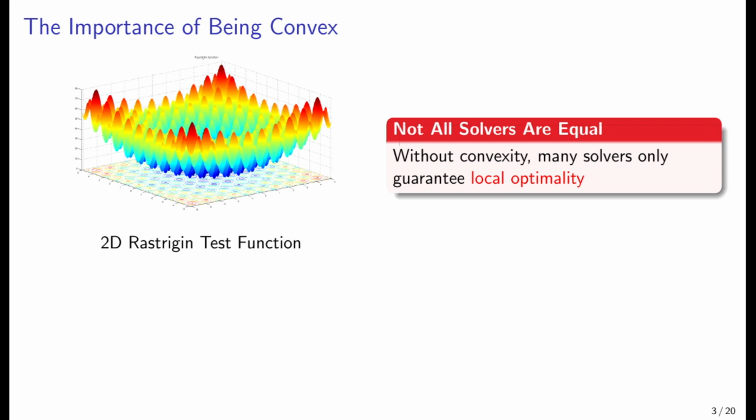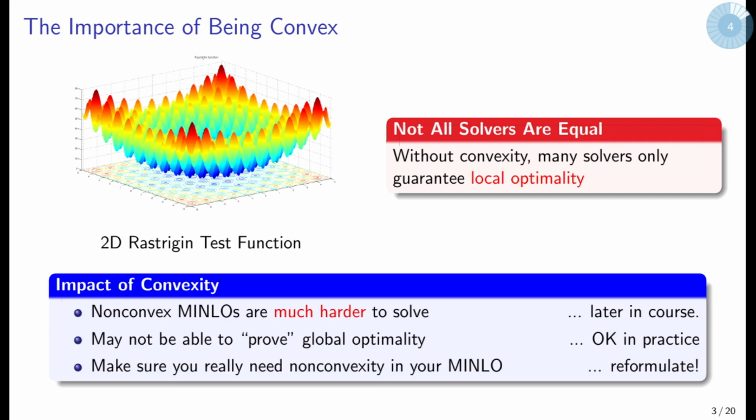This is an example of a non-convex function, and without convexity, many solvers only guarantee at best local optimality. In fact, maybe even only stationarity, which is a weaker concept. So convexity is important. Non-convex mixed integer nonlinear optimization problems are much, much harder to solve or guarantee solutions.